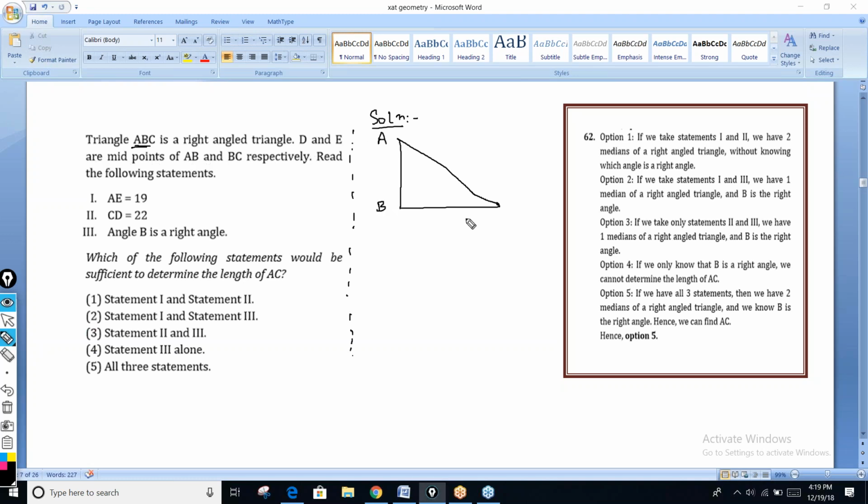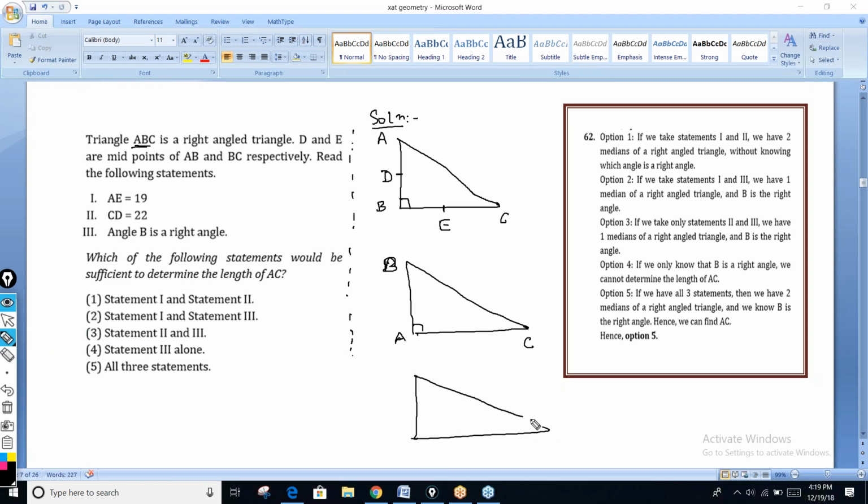If I draw it like this, let's say, all three combinations: the right angle can be at B, at A, or at C. I draw all three combinations, and then we'll see which is sufficient to answer the question. These are the three possibilities; no other possibility exists.